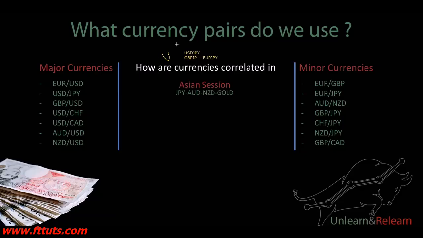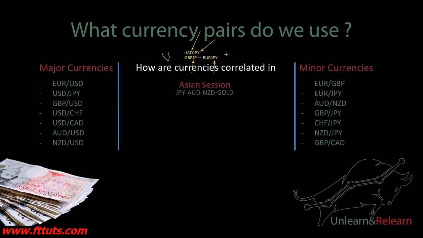When you're looking at USD JPY in the Asian session, there's only JPY that's open in USD JPY, only JPY open in GBP JPY, and only JPY open in Euro JPY. So in the Asian session, you might find that all the JPY pairs tend to move the same way.